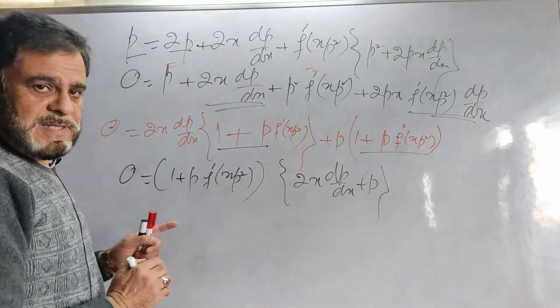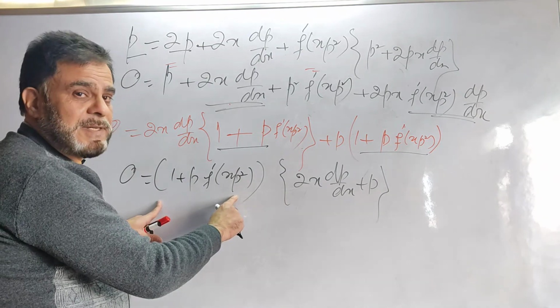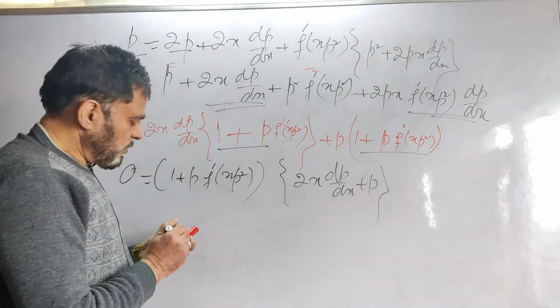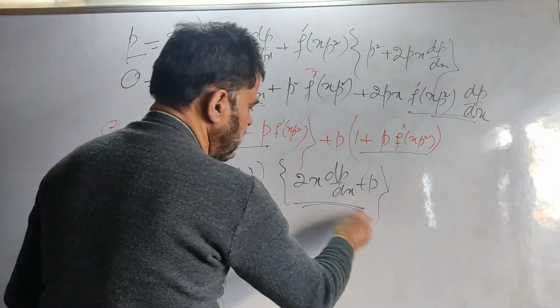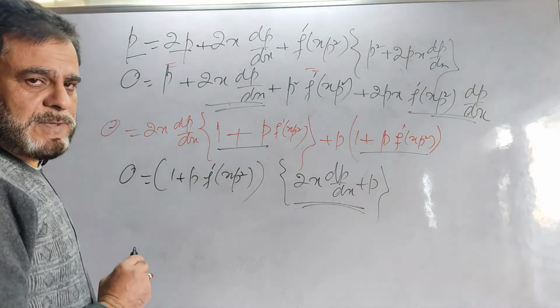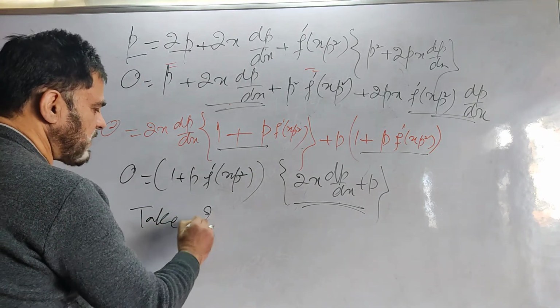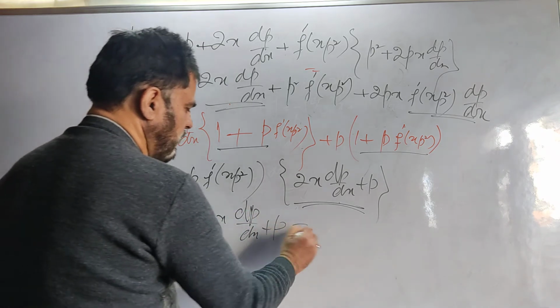Now, as in previous question I told you, we rejected this, it does not involve derivative. Even if we get p from this, then that gives some singular solution. But we take this factor equal to 0. This will help us in finding out the p derivative. We take this one, 2x dp by dx plus p is equal to 0.